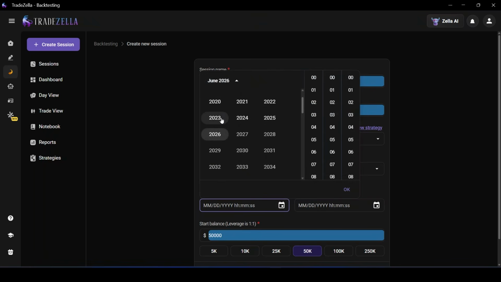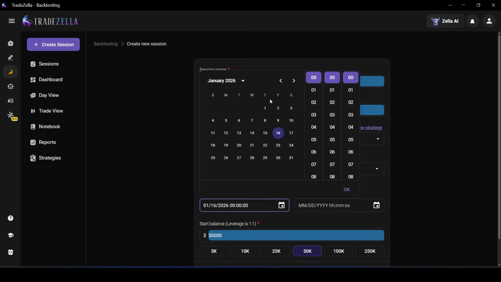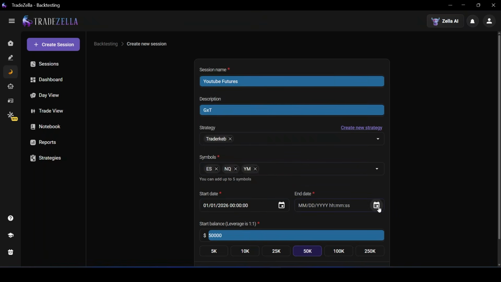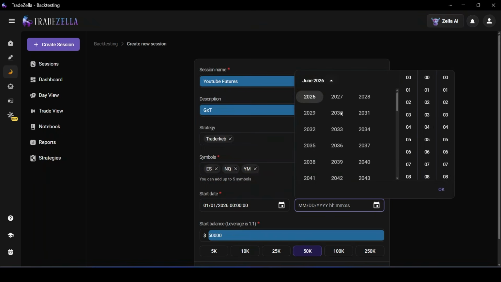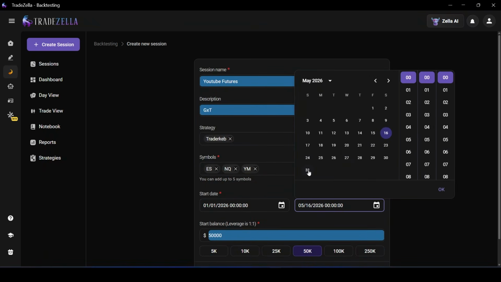We might go with 2023 or 2024. Maybe we go with the recent year, which is 2026, this current year, right? It will keep things as recent as possible. Maybe we can start from January 1st, and we can run it up to May 31st.